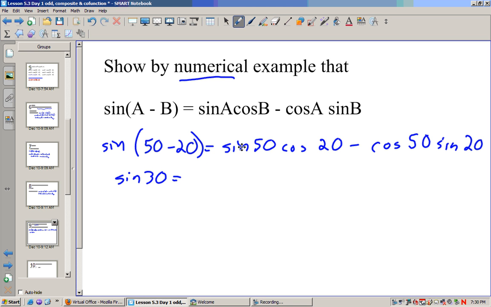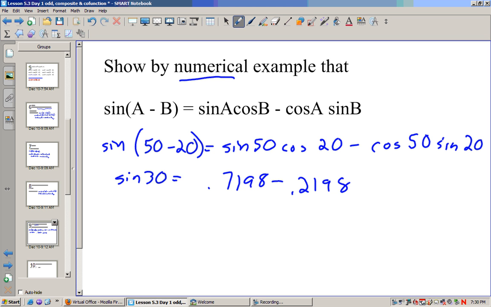Sine of 50 times the cosine of 20 is 0.7198, minus cosine 50 times sine 20, which is 0.2198.